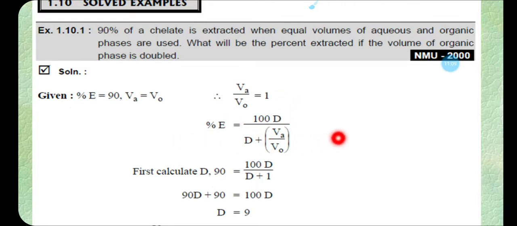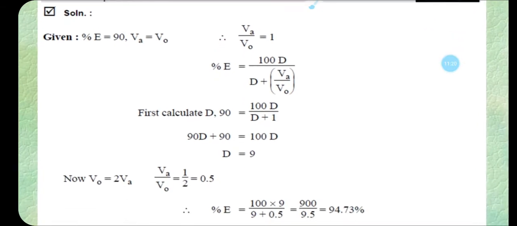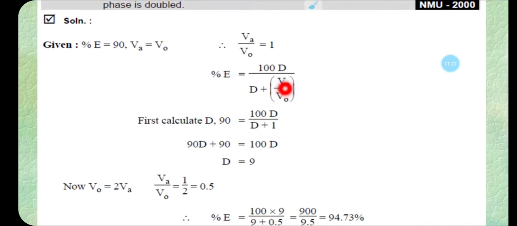Then we know the percent extraction: percent E is equal to 100 D divided by D plus VA upon VO. Here D is the distribution ratio, VA is the volume of aqueous, and VO is the volume of organic. We have two things, the volume ratio and percent E, so from this equation we can find the distribution ratio for this solute.